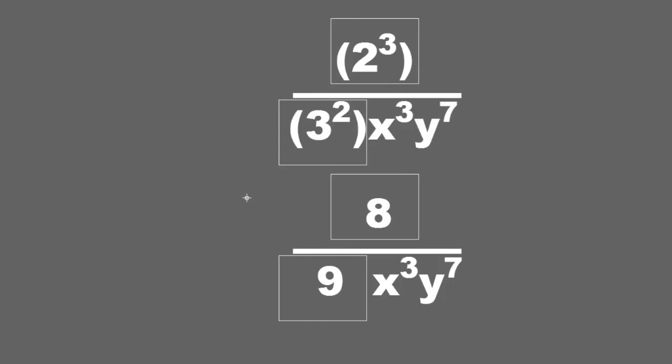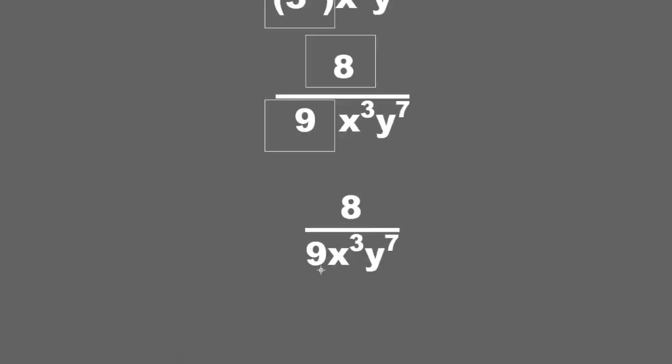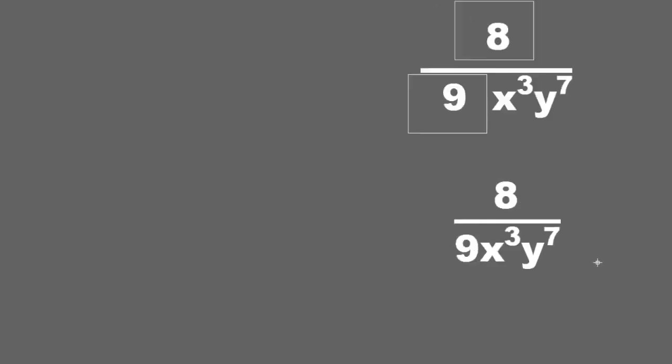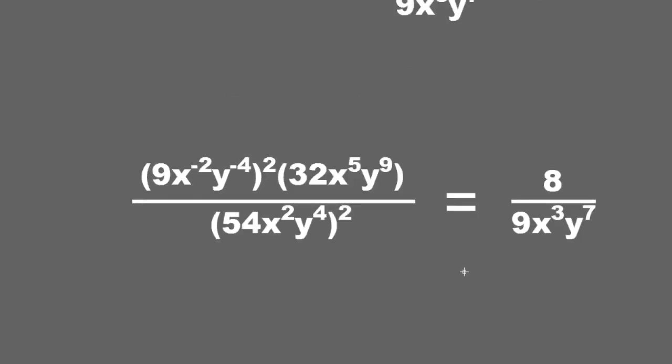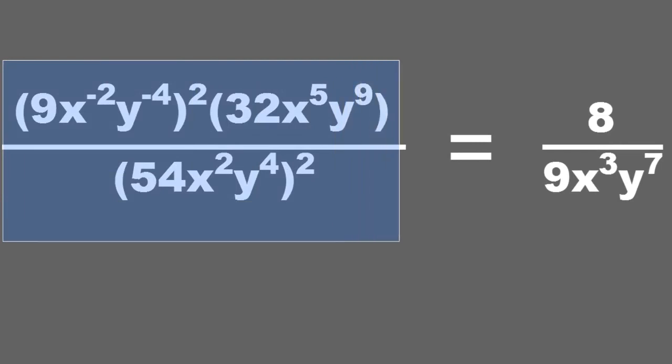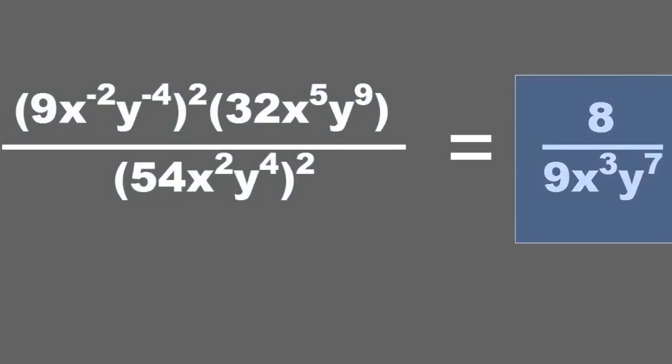And 3 squared is 3 times 3, which is 9. So I think that it looks nicer like this. 8 divided by 9, x cubed, y to the 7th power. And that is how we get from this big expression over here all the way to this small, compact, simplified expression.